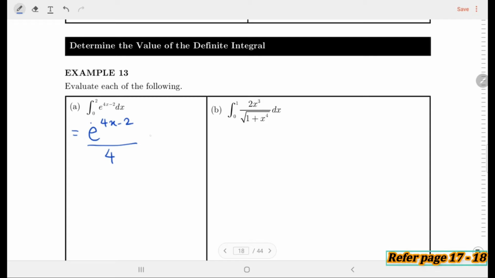We usually put plus c here, but since this is a definite integral, we put a square bracket from lower limit 0 to the upper limit 2.